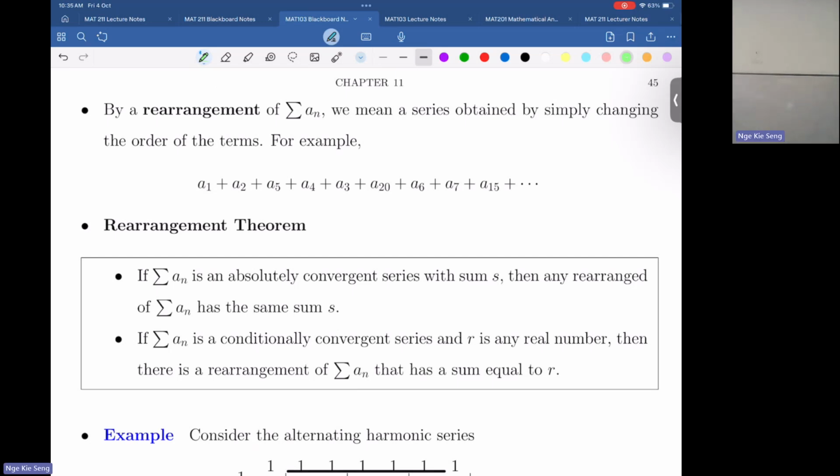So there's some room to play here. Can you imagine what room you can play here? What does it mean by conditionally convergent? This an converges, but the series of absolute terms doesn't converge. So can you imagine what room you can play here?